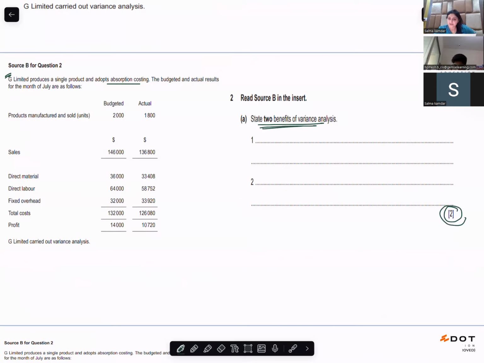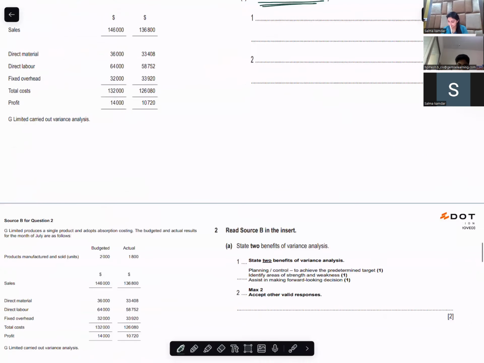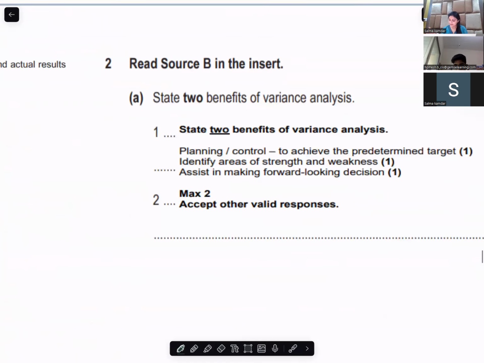Yes. So what are the benefits of variance analysis? Yes, it helps the business see how much money they're spending in which activity. It helps you to see the variances between the budgeted and actual. What is variance?